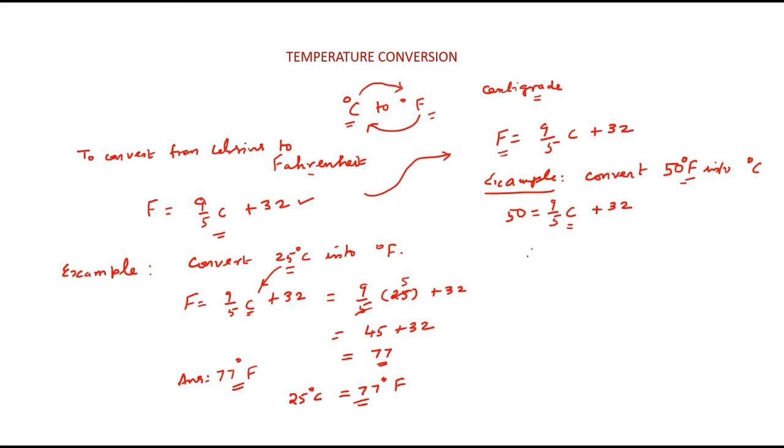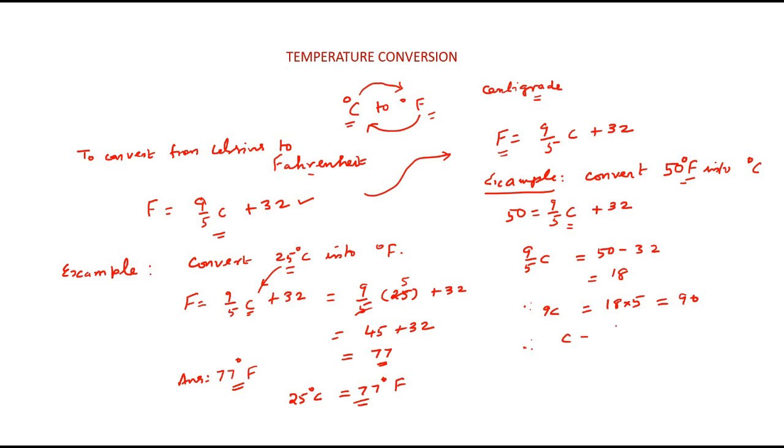So what can you do? 9 by 5 into C is equal to 50 minus 32, which is 18. Therefore 9C is equal to 18 into 5, which is 90.